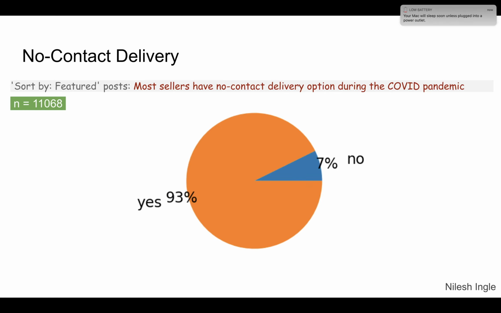And during the current COVID pandemic, here we can see that almost all of the sellers, 93% of them, provide an option of no contact delivery when buying on the Amazon website. No contact delivery, as I understand, means the delivery person will come to your doorstep, put the package in some place, and won't hand it over to you.